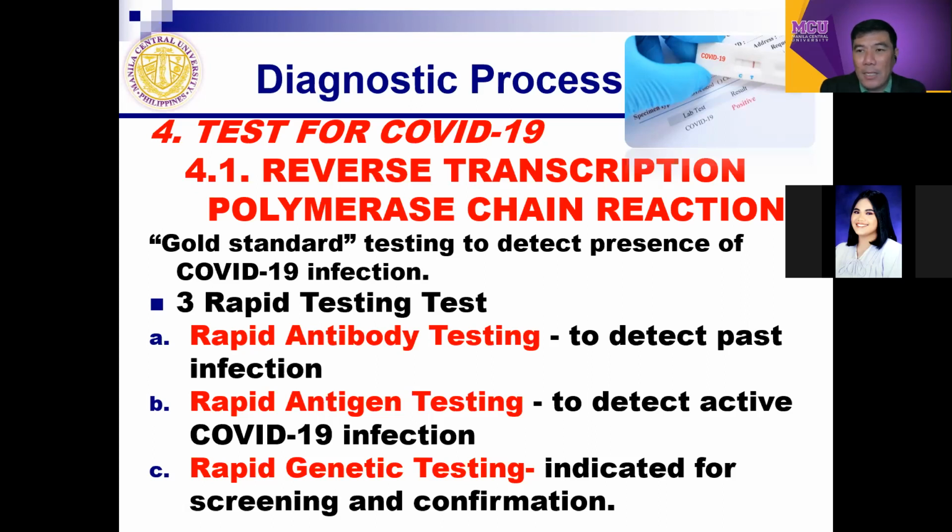In contact tracing, the persons who had close contact with the patient are checked through rapid genetic testing if they have symptoms, and to check if it is already the Omicron variant. So this is an indication for screening and confirmation.